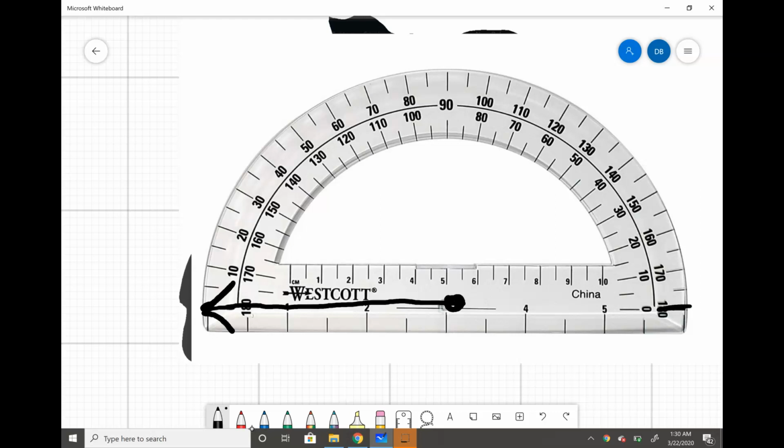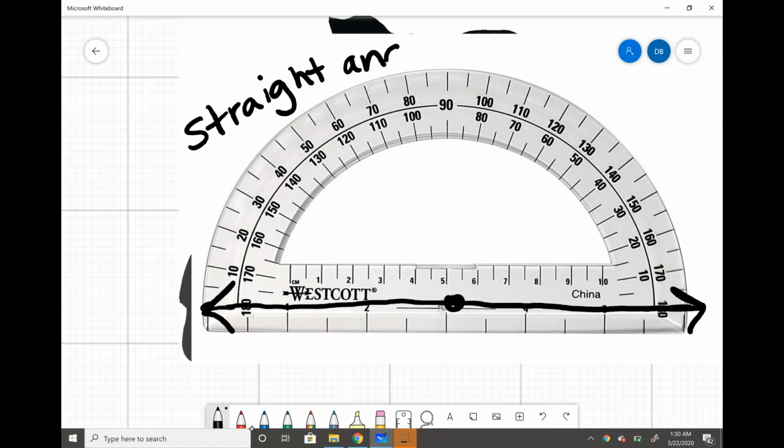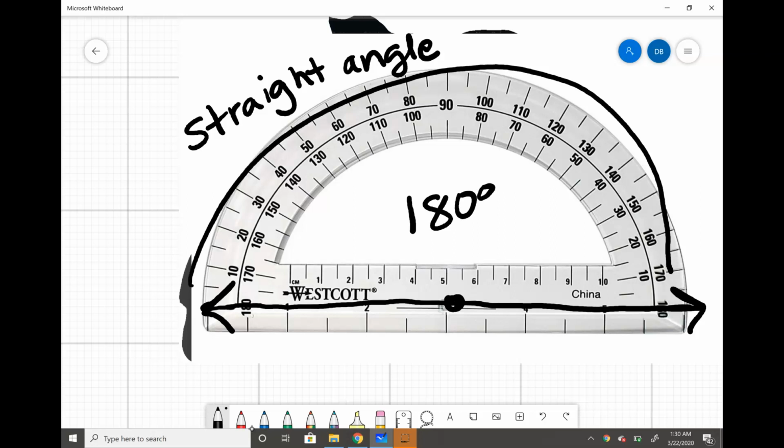So I started at 0 and I stopped at 180. That is called a straight angle. Okay, and it's also equal to 180 degrees. So anytime I go all the way around, that's a straight angle and it's equal to 180 degrees.